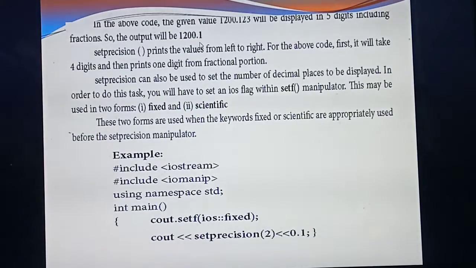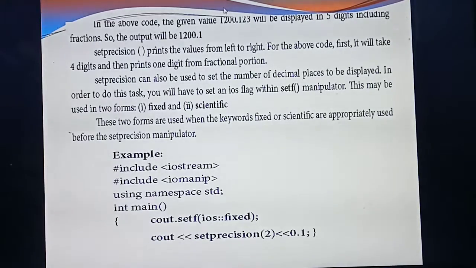Understood? Okay. The setprecision manipulator always prints the numbers from left to right. That means counting from this side to this side, left side to right side. Here, before the point, how many digits are there? Take this example, 1200.123.